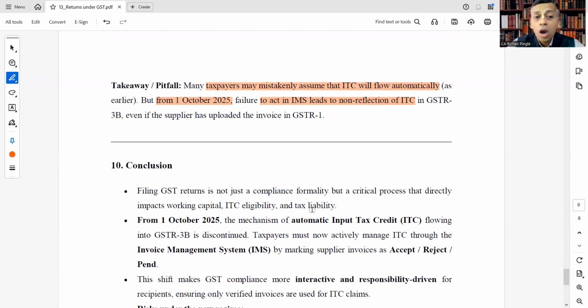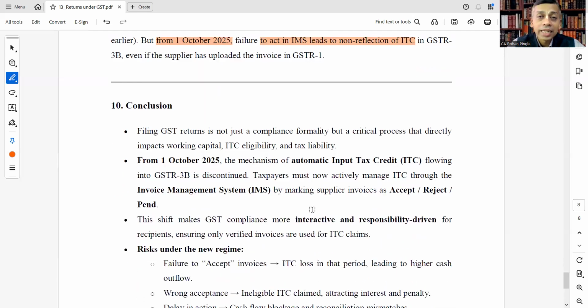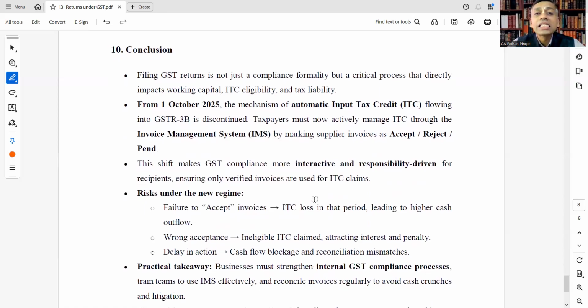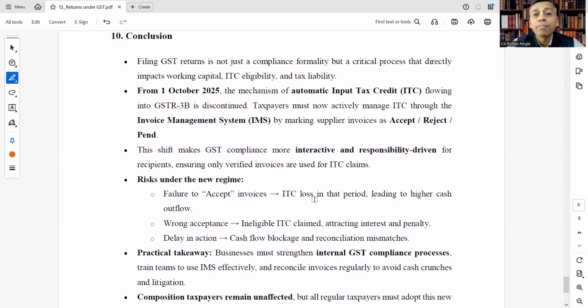Okay. So now we are moving to conclusions that can be drawn from today's learning. Filing GST returns is not just a compliance formality, but a critical process that directly impacts what? Working capital, ITC eligibility, and tax liability. From 1st October 2025, the mechanism of automatic input tax credit flowing into 3B is discontinued.